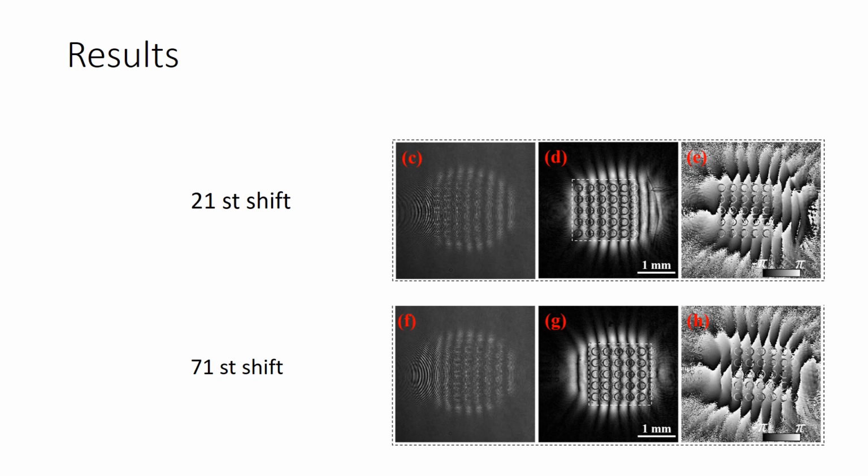So since it is shifted, you have to have a benchmark. So you take a reference. The reference is taken as the hologram obtained after the 55th shift, and then we calculate everything based on that benchmark, and that benchmark region is shown by the white rectangle here.